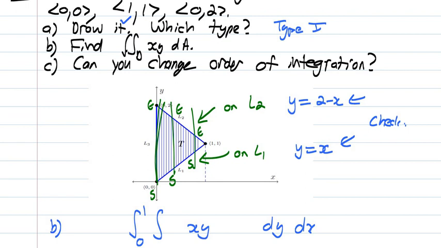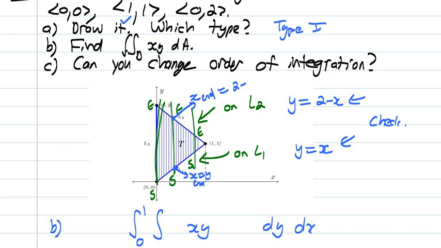So if I make a vertical slice, where does y start? Y starts when it's equal to x. And where does y end? Y ends when it's equal to 2 minus x. Very important, this must be in terms of x.